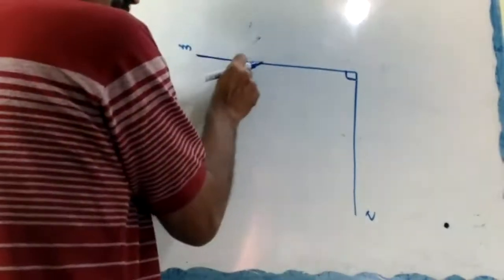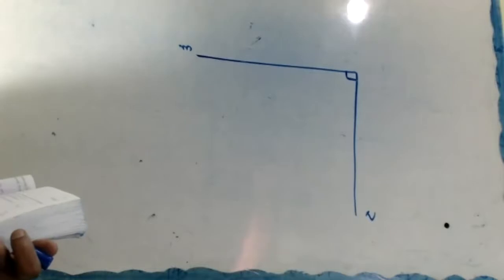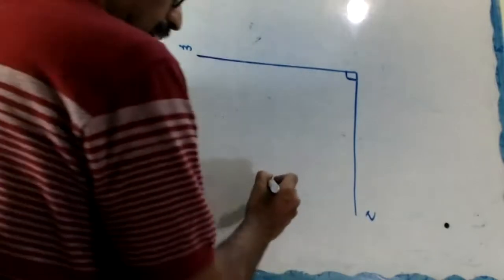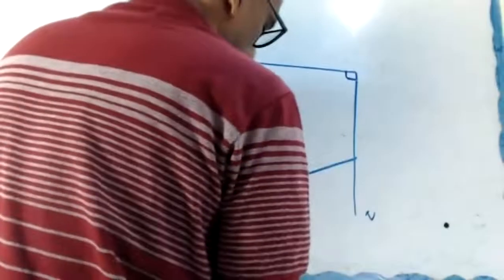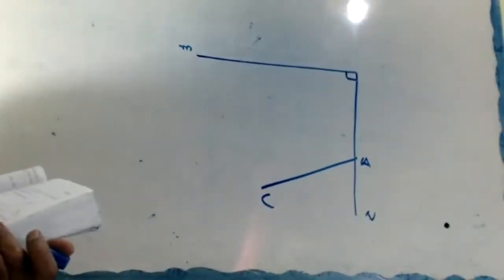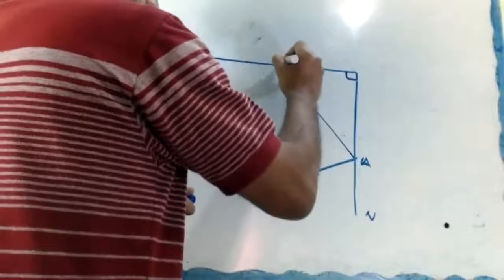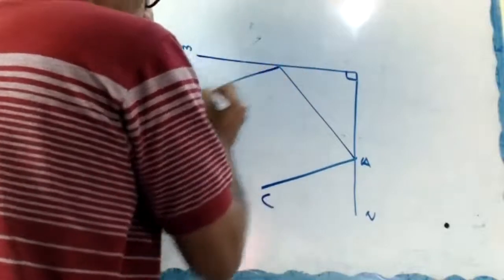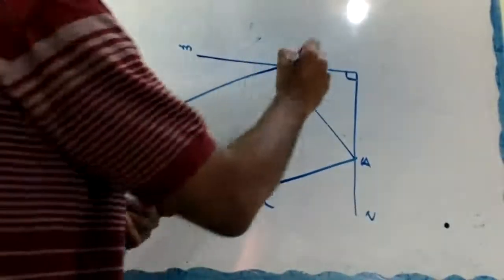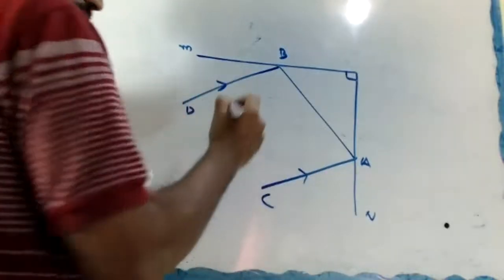Mirror 1, mirror 2 are perpendicular to each other. Show that the incident ray CA is parallel to the reflected ray BD. This line parallel to this one, that you have to show.